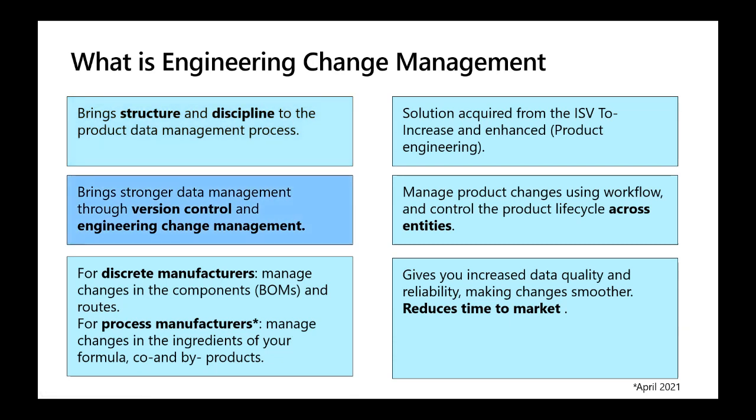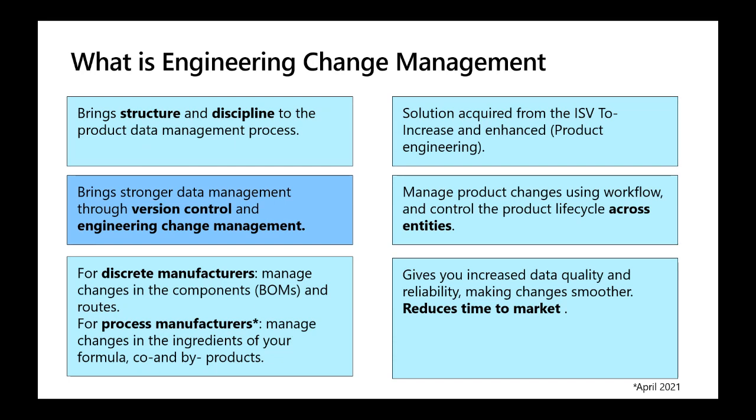This stronger data management comes through version control. The products are going to have different versions. That is the way to control the changes on a product along its life cycle. And between those versions of the product, that's where the change management happens. You're going to have a track of the changes between two versions with change requests and change orders. That's what is understood as engineering change management.